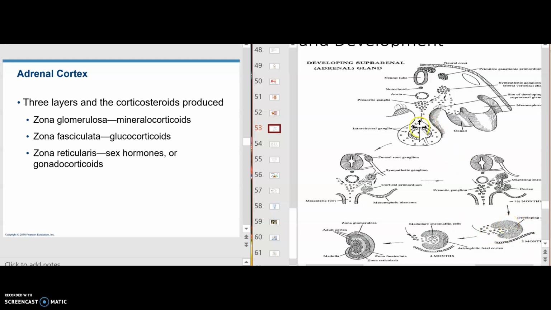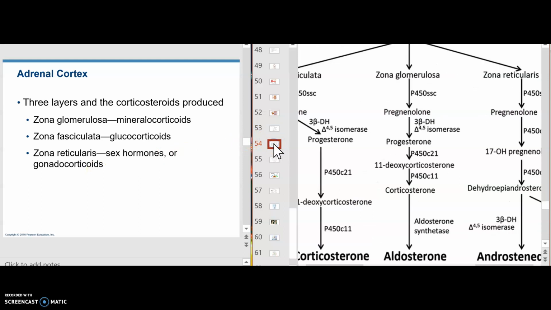The cortex actually comes from a mesoderm setting. Now, the Zona Glomerulosa produces what we call mineral corticoids, the fasciculata glucocorticoids, and the reticularis sex hormones, the gonadocorticoids.